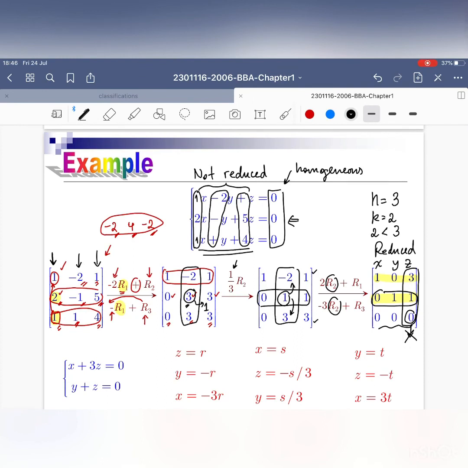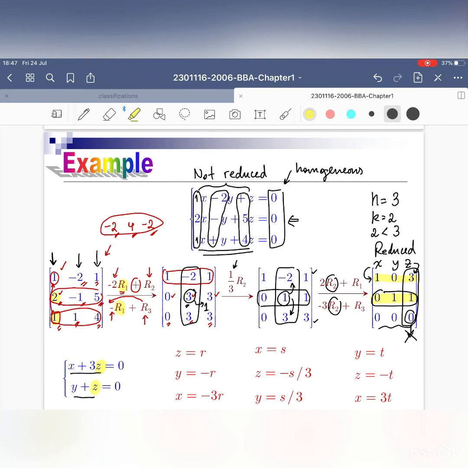And yes, it is, because look at your first equation. It becomes x + 3z equals 0, right? And your second equation is y + z equals 0. So here you have a common variable z.